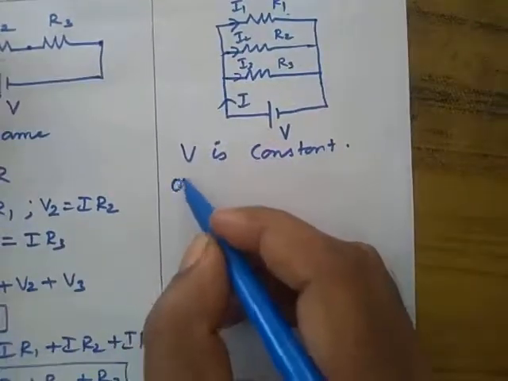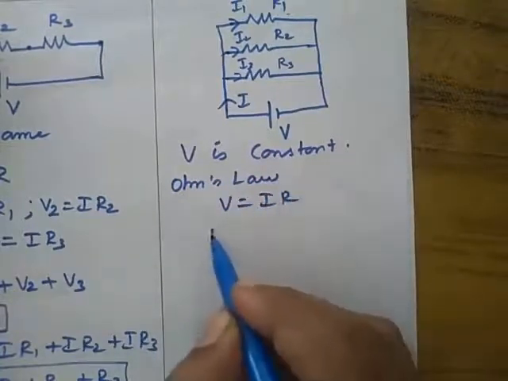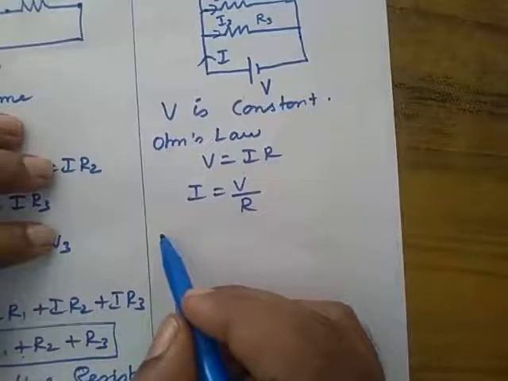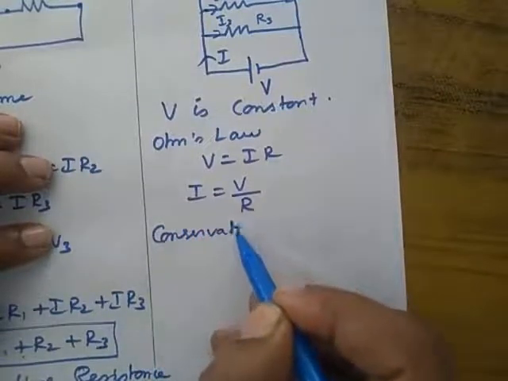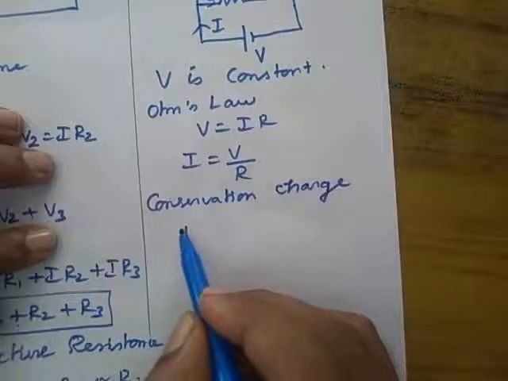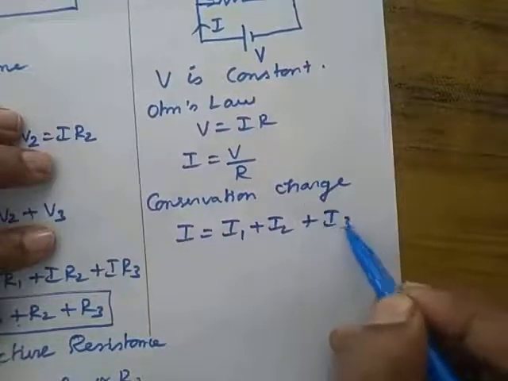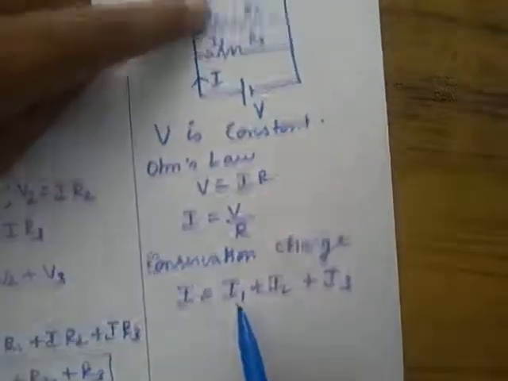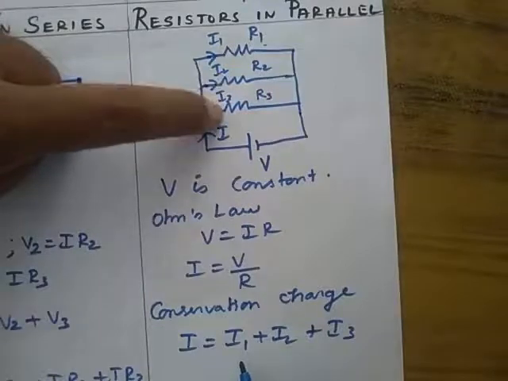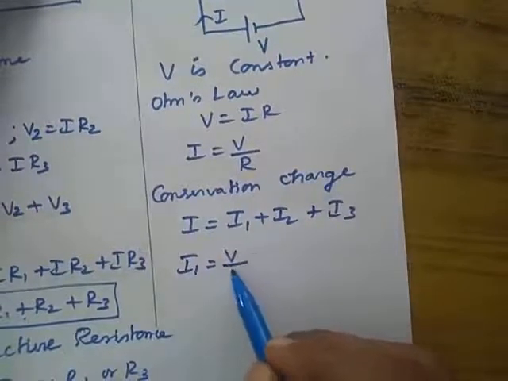According to Ohm's law, V is equal to IR, then I is equal to V by R. By the law of conservation of charge, the current I is split as I1 plus I2 plus I3. Here I1 is the current flowing across the resistor R1, I2 is the current flowing across the resistor R2, and like that I3.